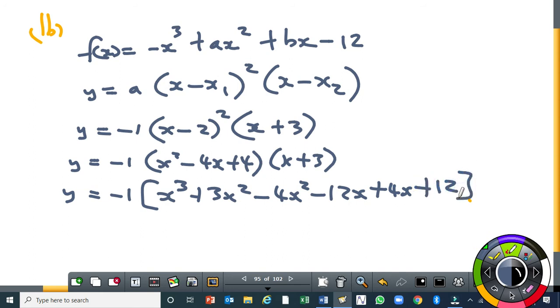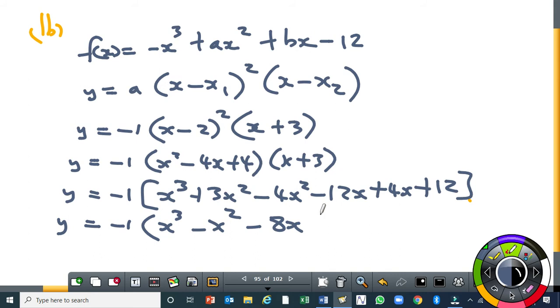All right? Then, listen. So this becomes y equal to minus x cubed. That will give me minus x squared. Please remember, 3x squared minus 4x squared, that will give me minus x squared. Minus 12x plus 4x, that will give me minus 8x.